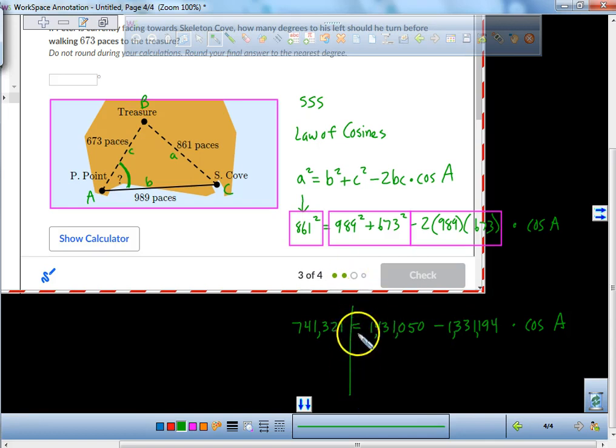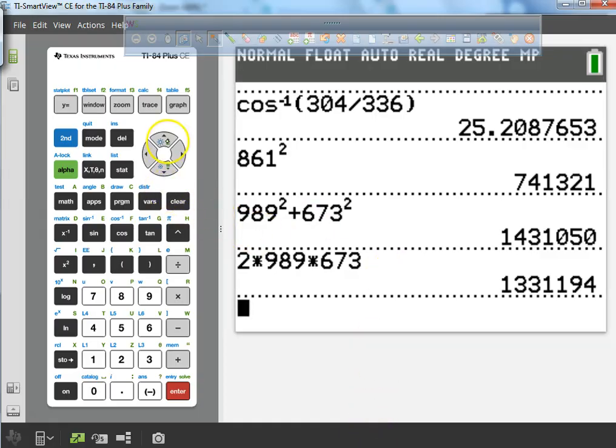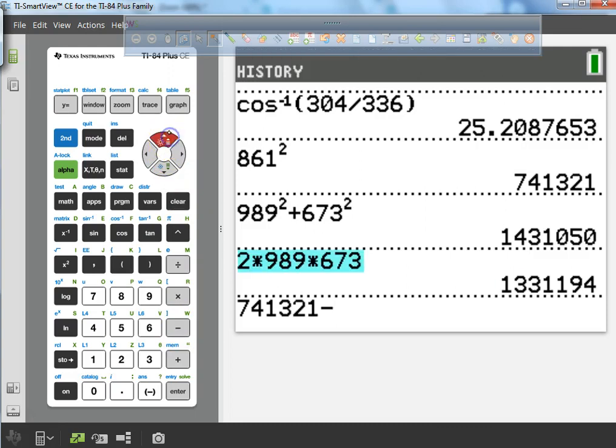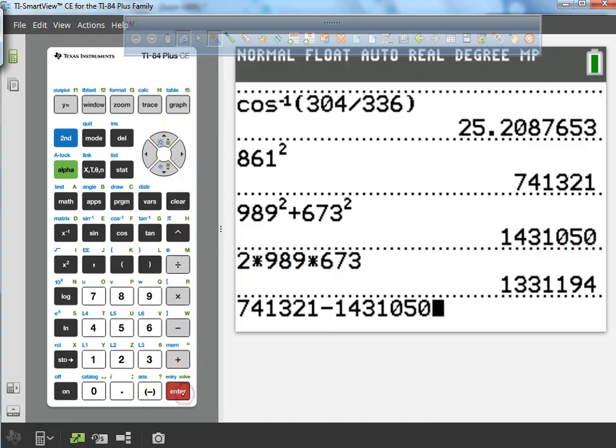What we have to do is we need to take away this 1,431,050 from both sides of the equal sign. So here's what I do. I go up here, I grab it, take that guy, and I take away this guy right here without having to retype it all.